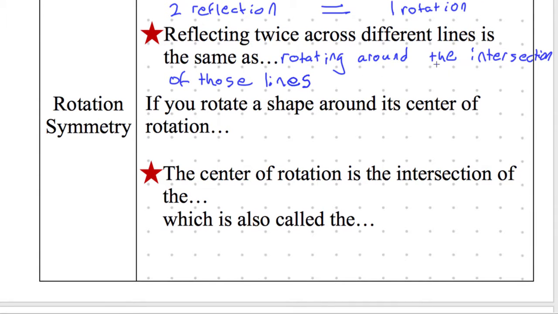Rotation symmetry. We're going to informally define this. When you rotate a shape around its center of rotation, and it looks the same.